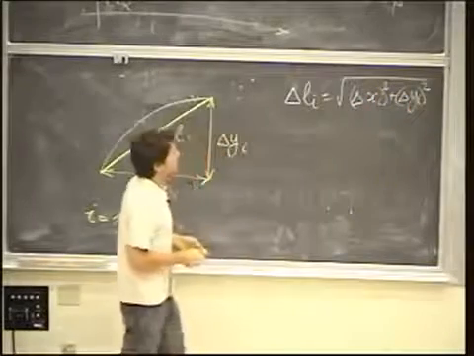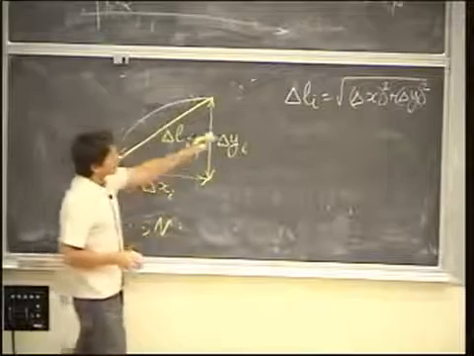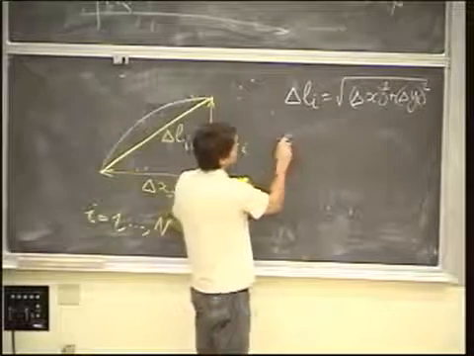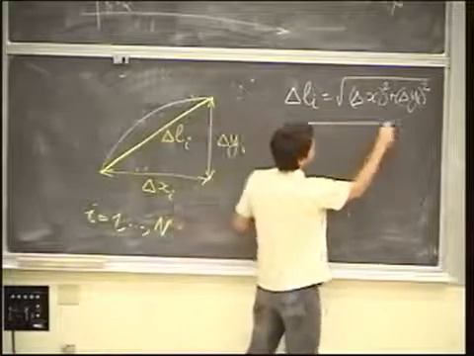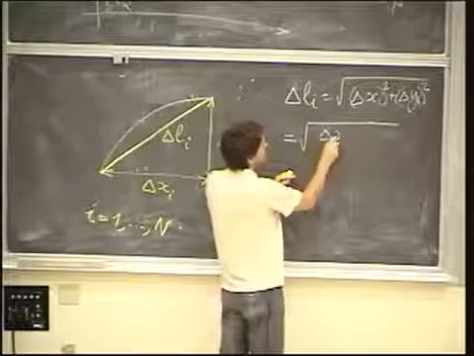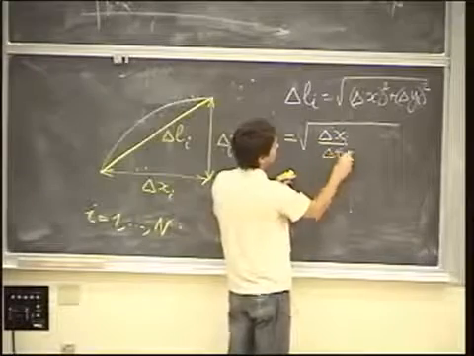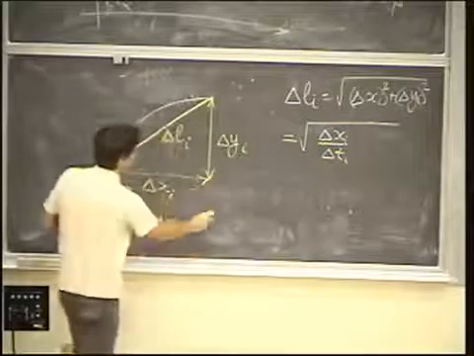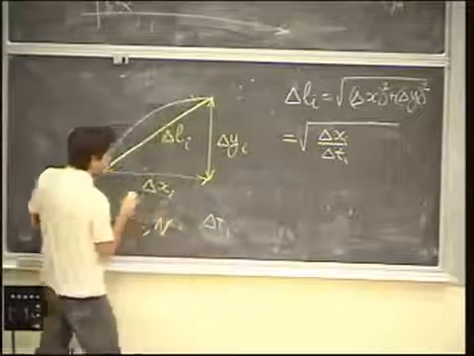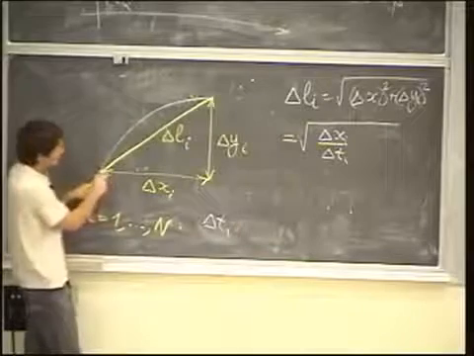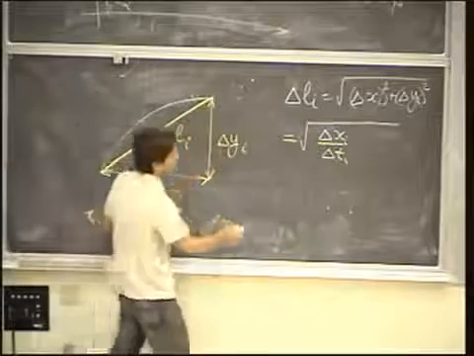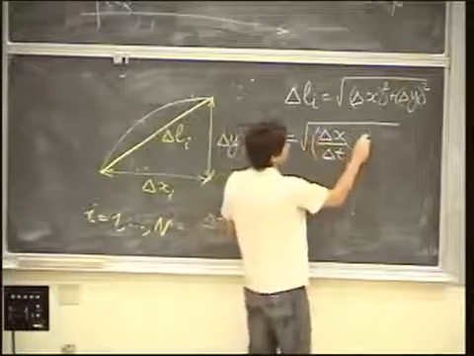square root. And now, this is nice, but I would like to rewrite this in a slightly more convenient form. You will see why it's more convenient. I want to divide and multiply by delta ti, where delta ti is the range of our parameter t from this point to this point. So what I do is I divide by this.